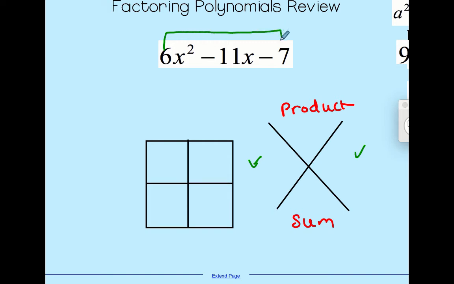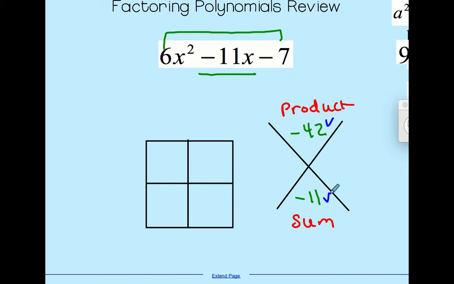My product always comes from the leading coefficient times the constant, so that's negative 42. And my target sum always comes from the coefficient of the middle term, negative 11. So I need two numbers that multiply to negative 42, and those same two numbers have to have a sum of negative 11.